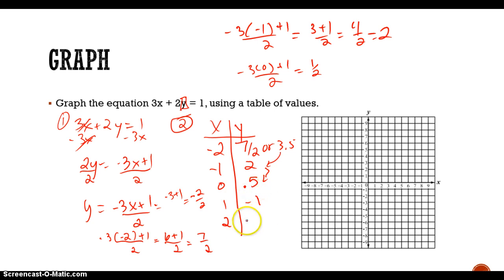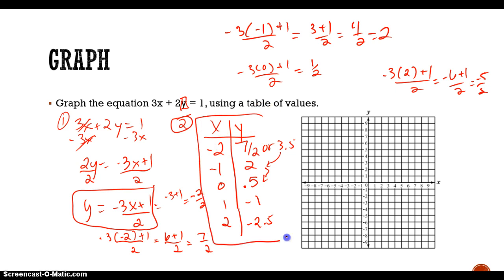And then we decrease by 1.5 again, so we're hoping that we get a -2.5 here. Okay, so we could check it just to verify our answer. -3 times 2 plus 1 over 2, which is -6 plus 1 over 2, which is -5 over 2, which is -2.5.